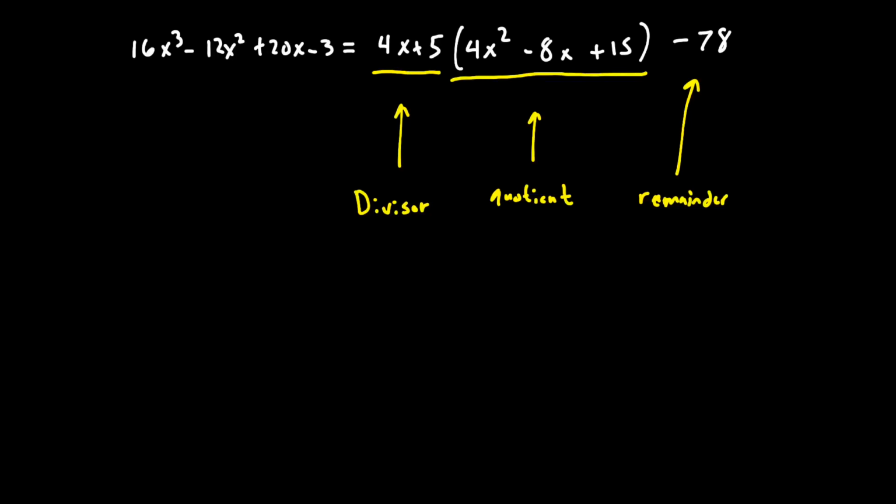In this case, our remainder was negative 78. And the term that we begin with before we do any division is called the dividend. Oops, I misspelled that. Let me respell that. There we go.